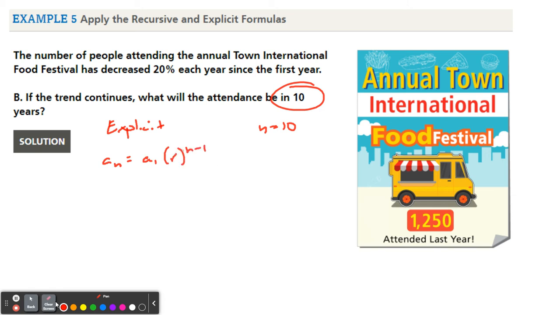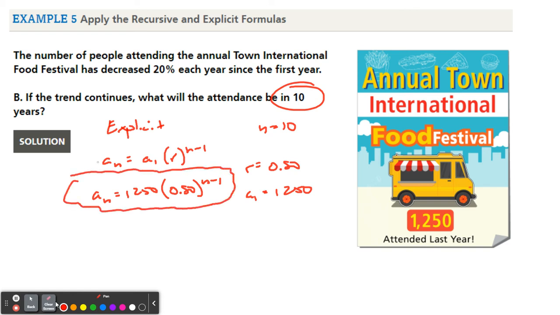This is the same problem as before, so our common ratio is still 0.80, and our first year attendance is still 1250. So just plug it in. a sub n equals 1250 times 0.80 to the n minus 1. This is our general explicit formula.